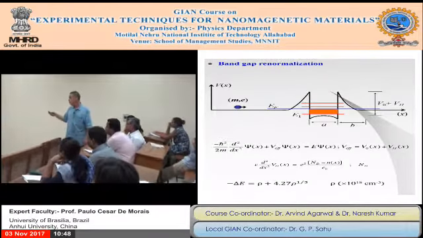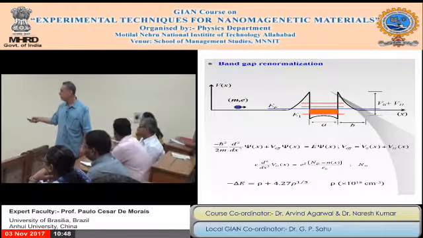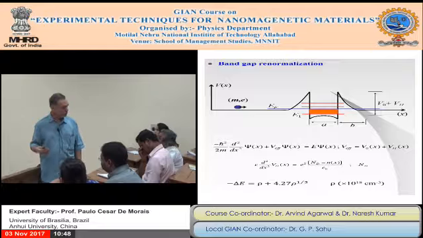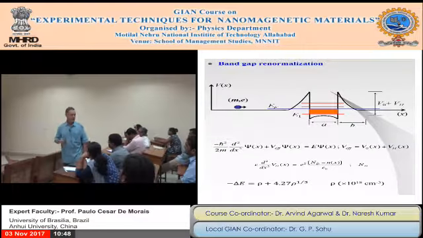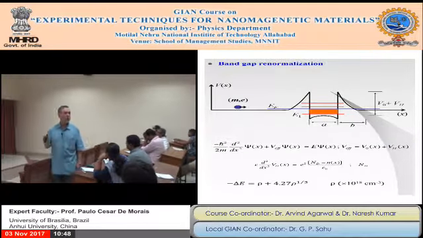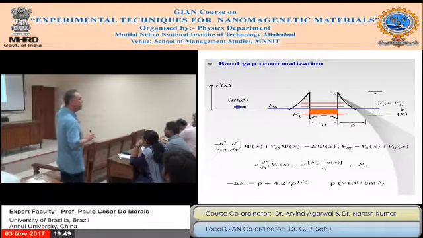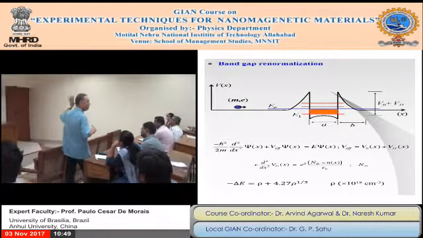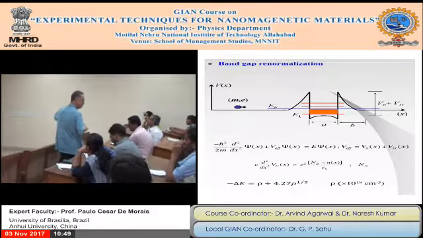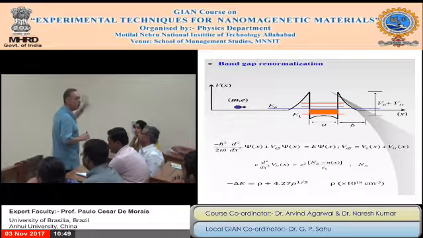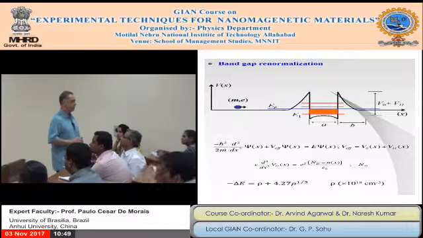So, if you keep this picture in your mind, you can understand absorption and emission spectrum. This is all you need to keep in mind. This is the basic physics to understand absorption and emission spectroscopy in semiconductor nanomaterials. That's all.